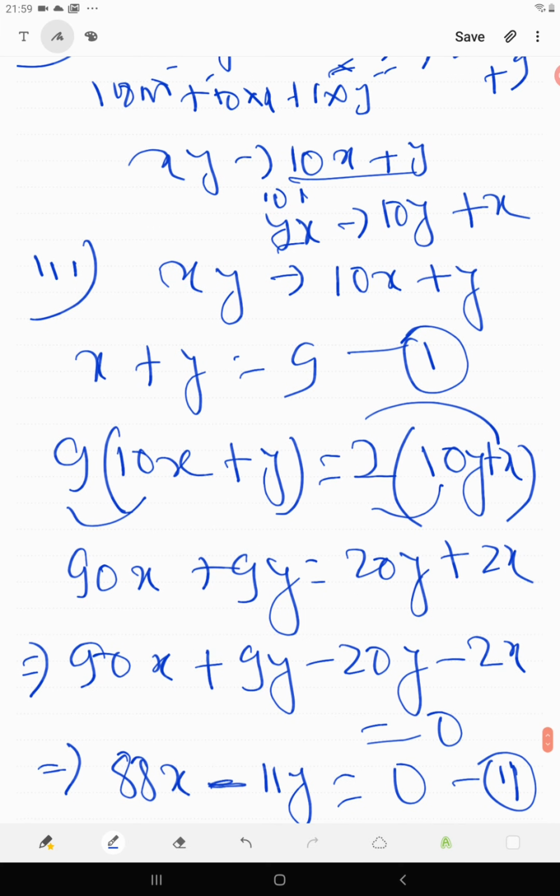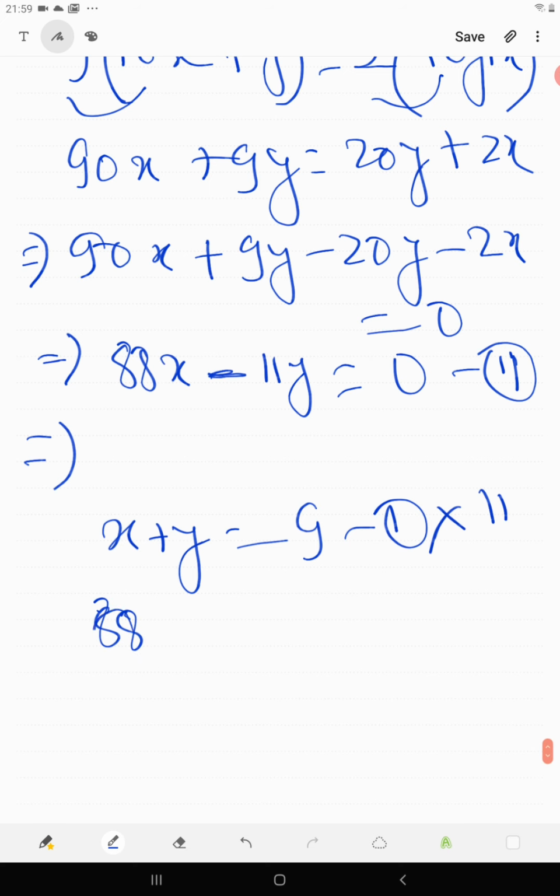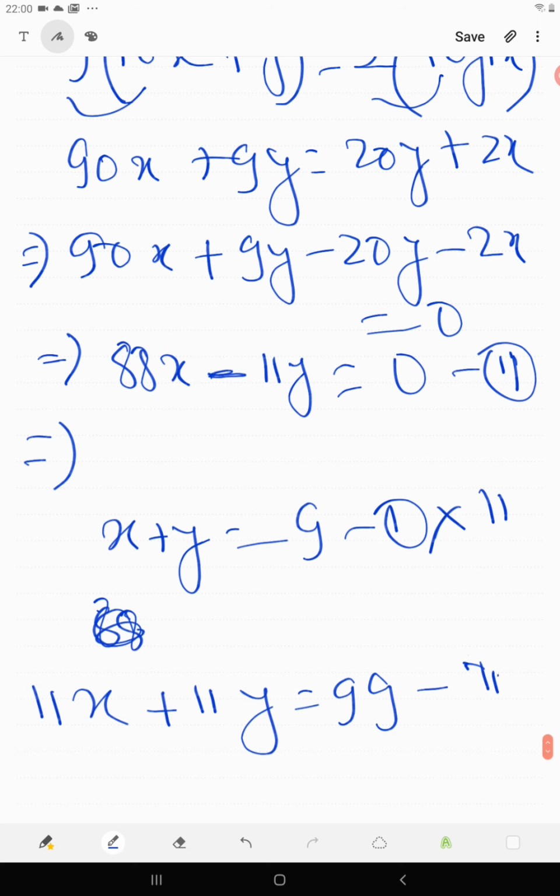Now let's write both the equations. x plus y is 9, this is equation 1. This one we will multiply with 11, and the second equation is 88x minus 11y equals 0. Multiply equation 1 with 11 and the second with 1. We get 11x plus 11y equals 99, this is our third.